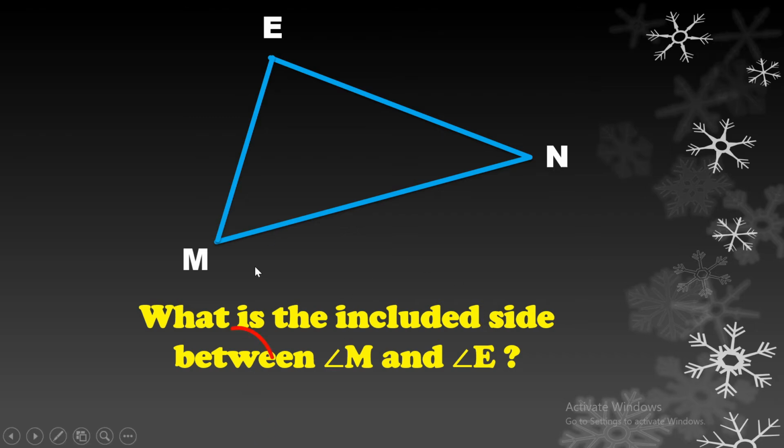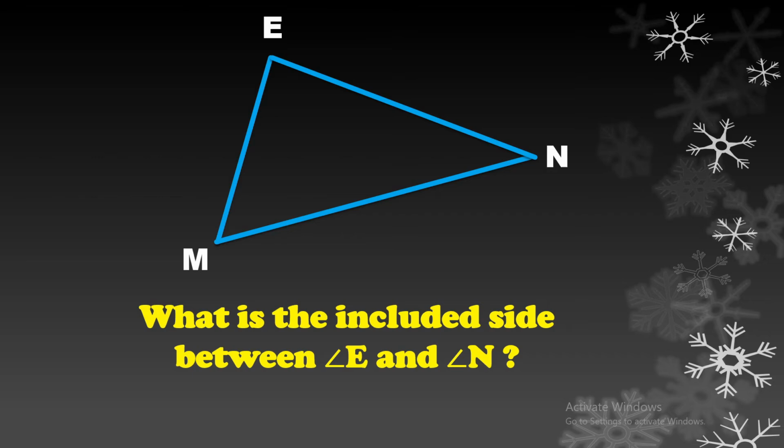So angle M is here, formed by side EM and side MN. And angle E is here, formed by segment ME and segment NE. So what's the common side? Of course, it's side or segment ME.